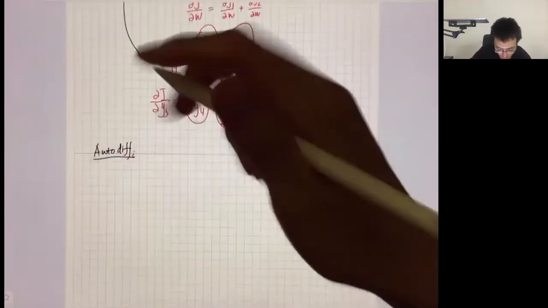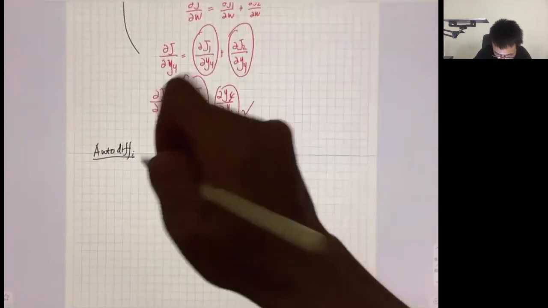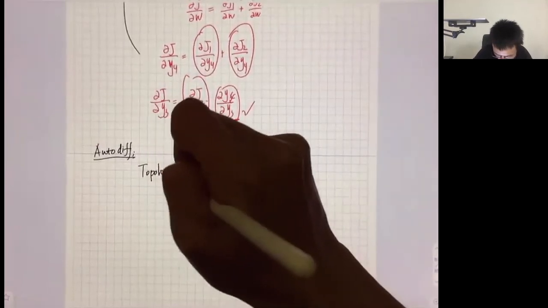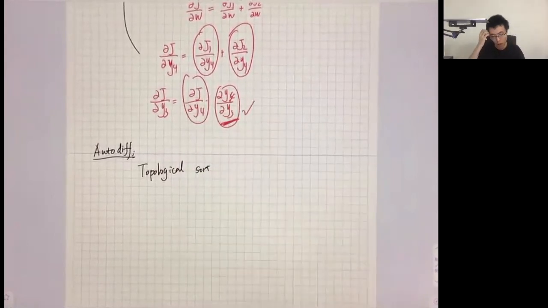So the autodiff algorithm is, you first do a topological sort. It means that if the computation of a variable depends on some other variable, then the other variable must be sorted before the dependent variable, okay?